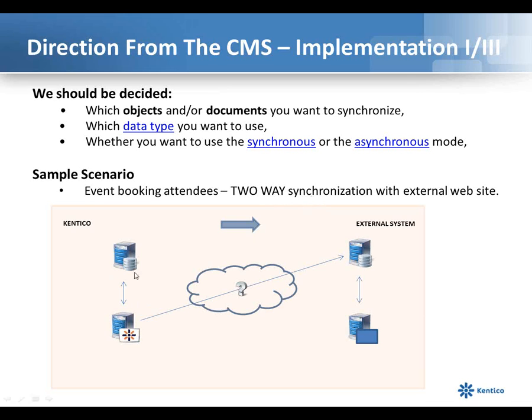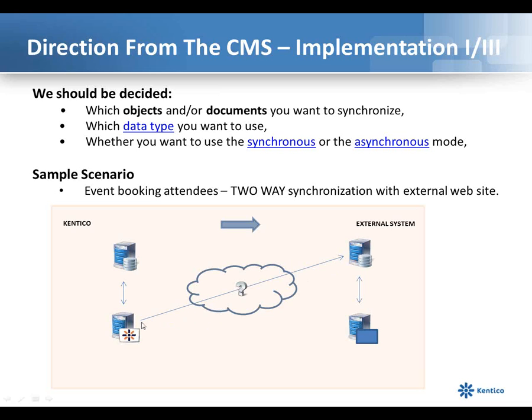So whenever something happens here in Kentico, the external system is updated, and whenever something happens in the external system, I want to update Kentico itself. So let's start with the outbound direction, and then we'll move to the inbound direction. I've chosen the option, or in my made-up scenario, Kentico is able to see the external system directly, its database. So it's easier for me to access the data, change it.